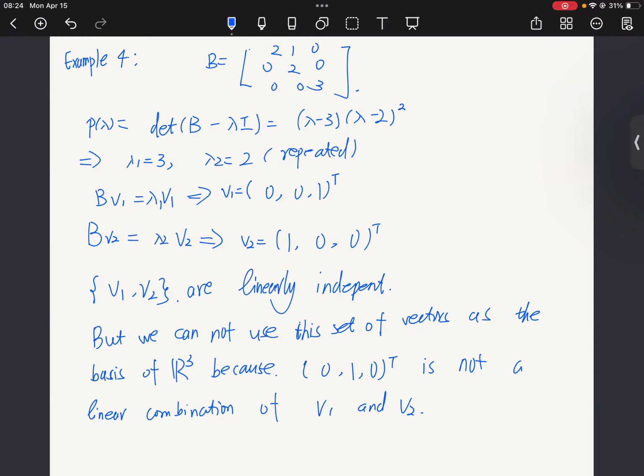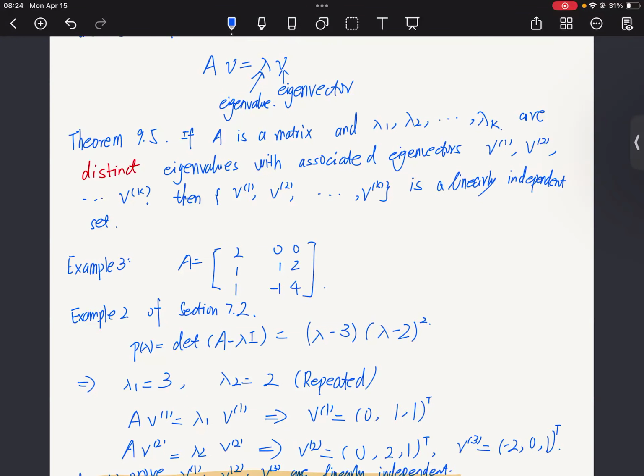This is just some linear algebra, but I gave you 2 examples to explain the idea in the theorem. Sometimes for repeated eigenvalues, you would get eigenvectors in different directions as well.